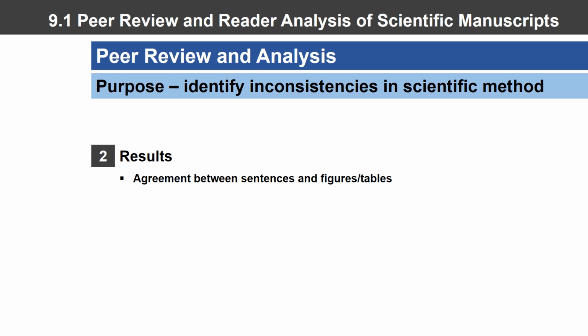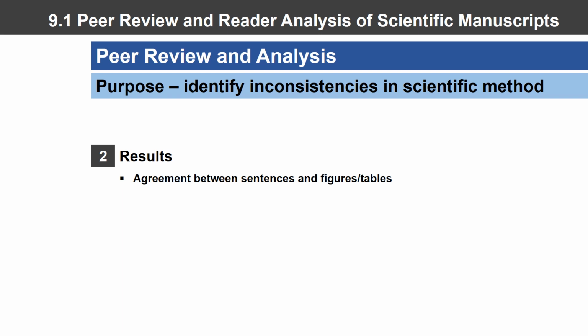So in other words, let's say a sentence says that a result is significantly different between two groups. And that's what the result says in the sentence, okay? And then it references, let's say, figure 1. So you turn your attention to the data, and you want to look for an asterisk with a p-value indicating statistical significance.